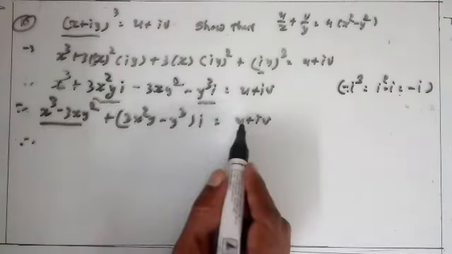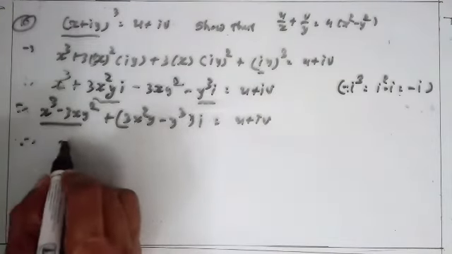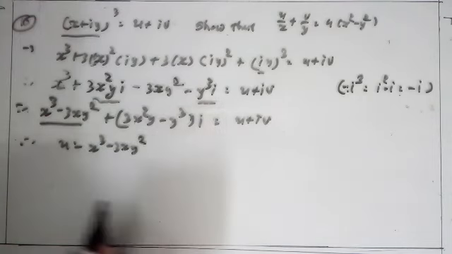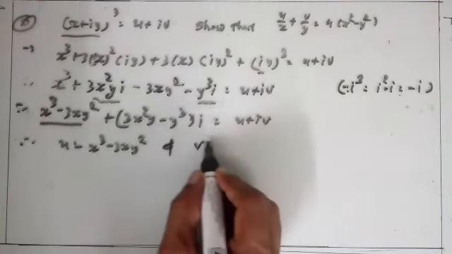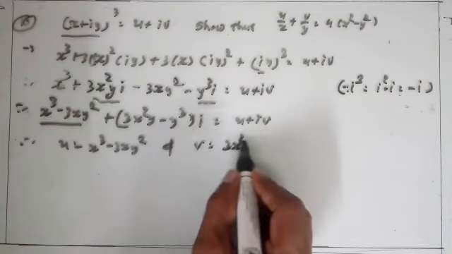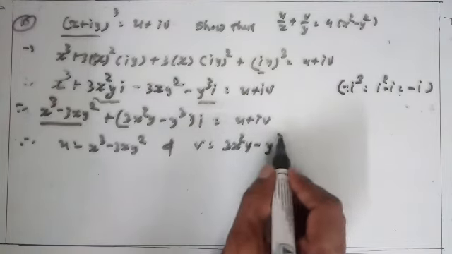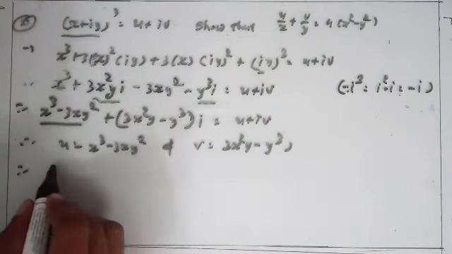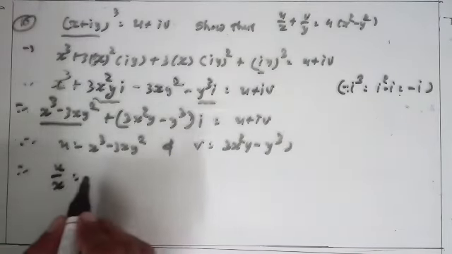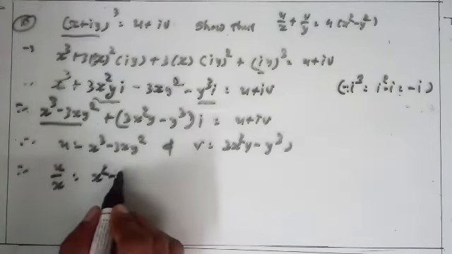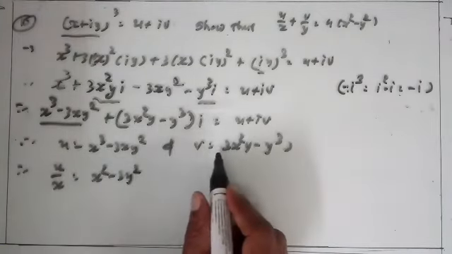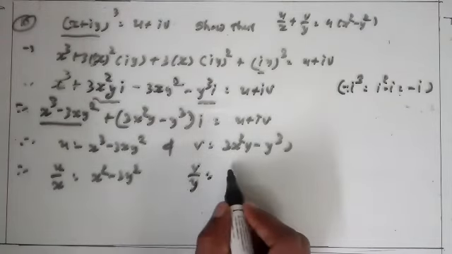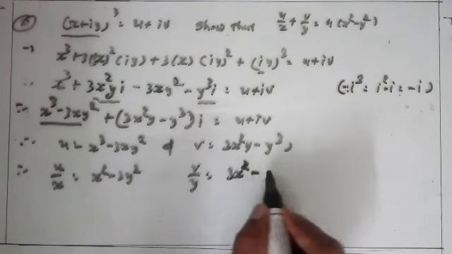Now compare both complex numbers. u is equal to x raised to 3 minus 3xy square and v is equal to 3x square y minus y raised to 3. Clear this? Therefore, dividing by x on both sides, u upon x is equal to x square minus 3y square. Dividing by y on both sides, v upon y is equal to 3x square minus y square.